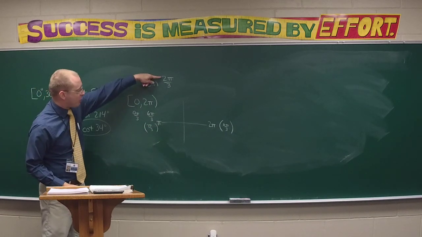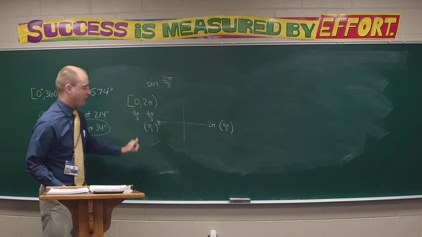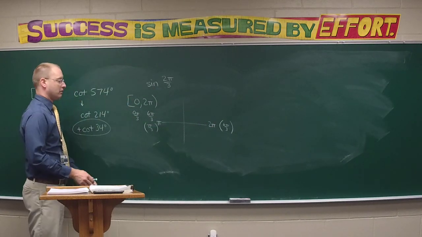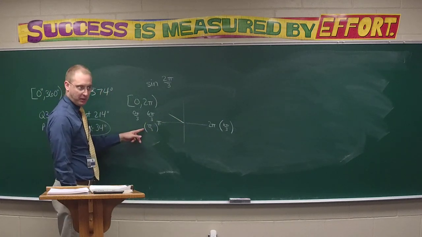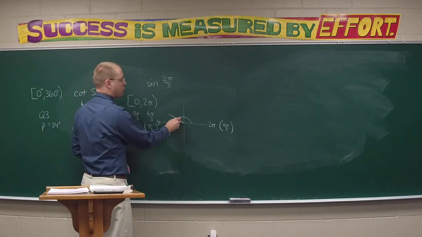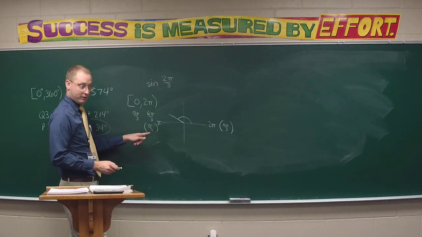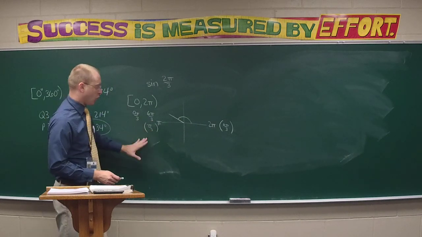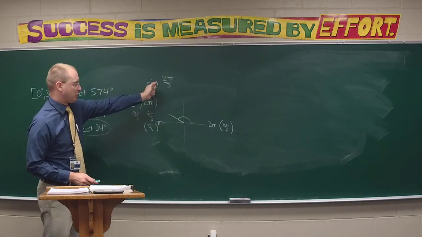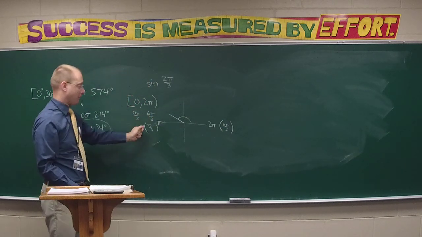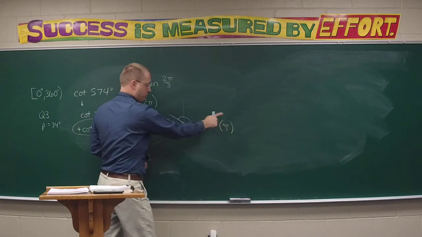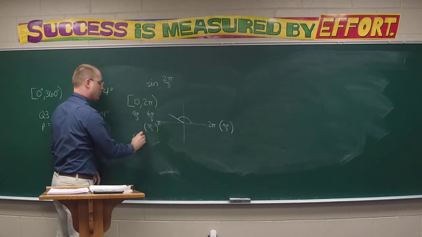Where is 2 pi over 3 in relation to 3 pi over 3 or 6 pi over 3? Quadrant 2. It's not even to 3 pi over 3 yet, is it? It's only made it 2/3 of the way to this full pi, correct? So again, you don't have to draw this, but mentally picture denominator 3. 3 pi over 3 is 1 pi. 6 pi over 3 is 2 pi. It falls in quadrant 2.